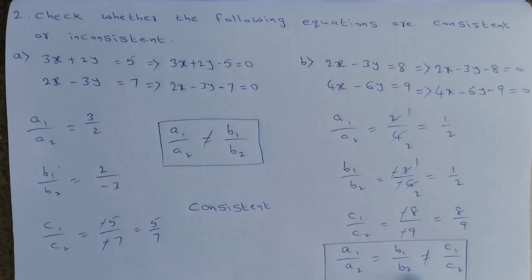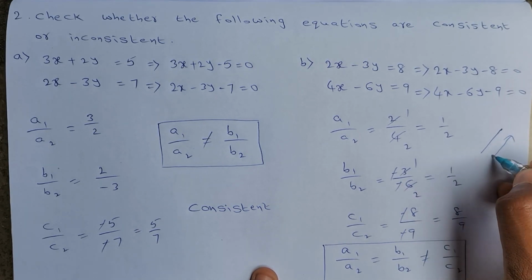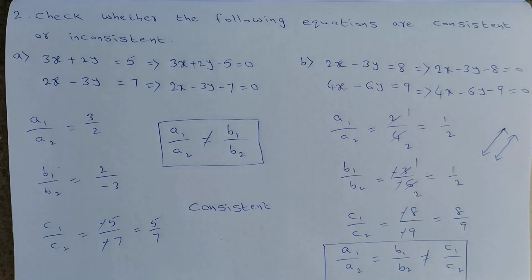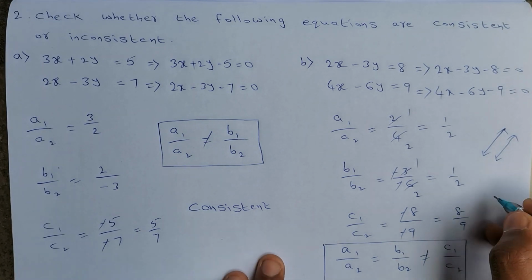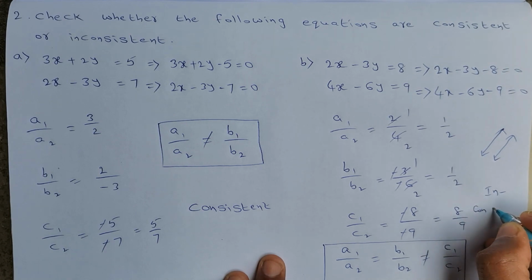So it means these two lines are parallel lines. Parallel lines won't touch each other at any point, so it means they don't have any solution. So if those two lines do not have any solution, then those are inconsistent.